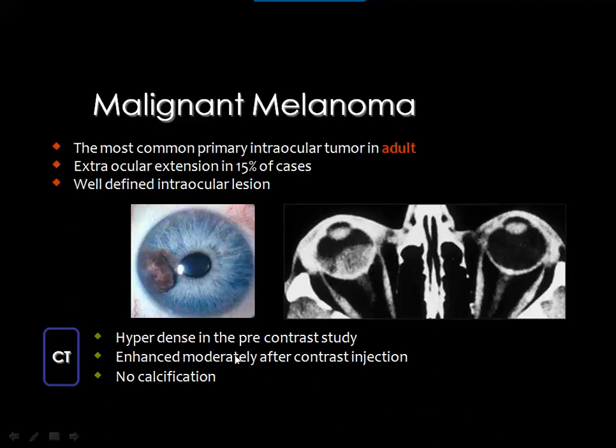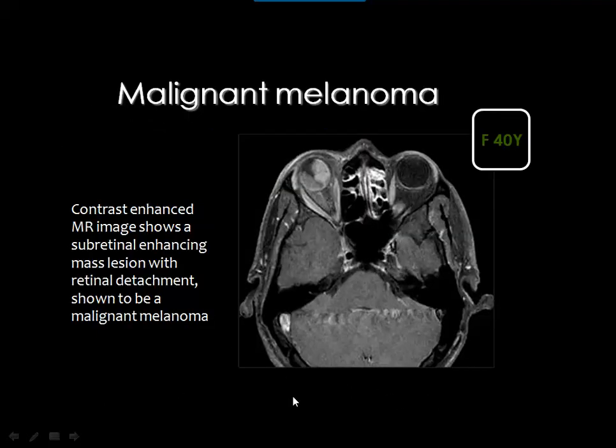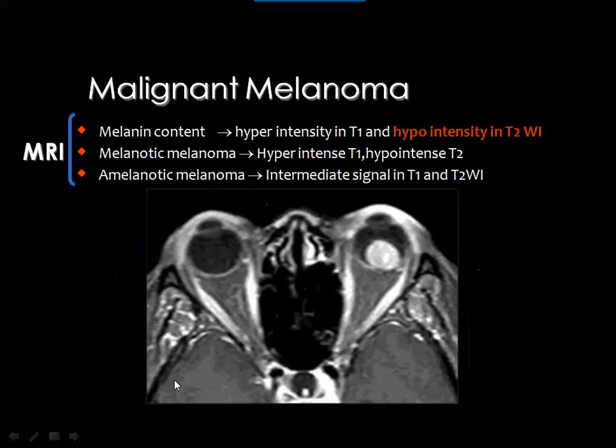This mass may be hyperdense in the pre-contrast study on CT and shows moderate enhancement. It does not contain calcium. Malignant melanoma will show intermediate signal in T1 and T2 and show moderate enhancement also by MRI, as you can see here.